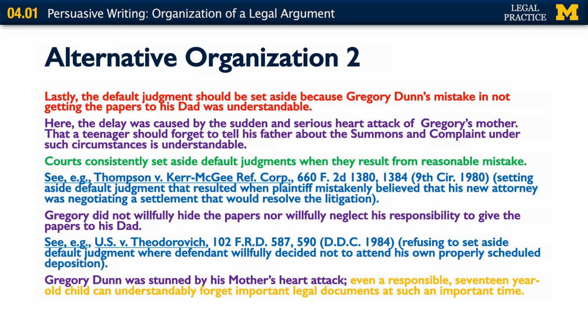It again starts with the conclusion that the default judgment be set aside, but then it alternates facts, rule, a little bit of case description, more facts, more case description. Again, remember those case descriptions are supporting the argument made just previously, and it ends with even more facts and a counter-analysis and rebuttal.